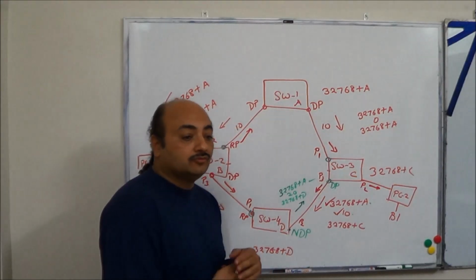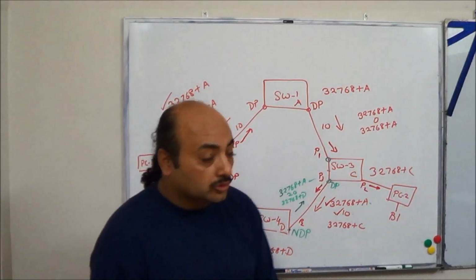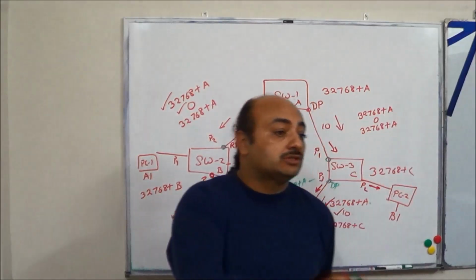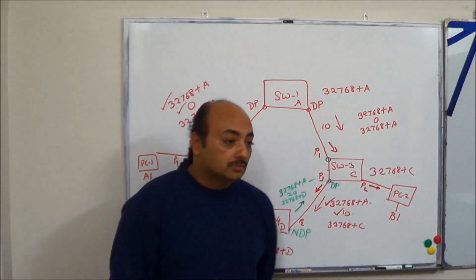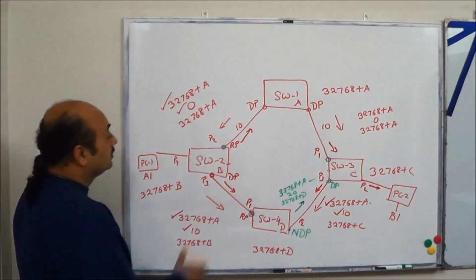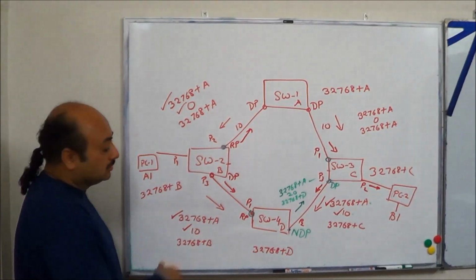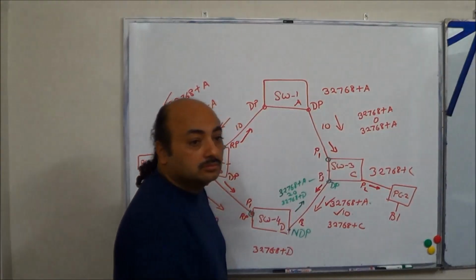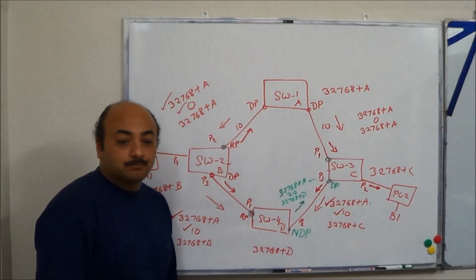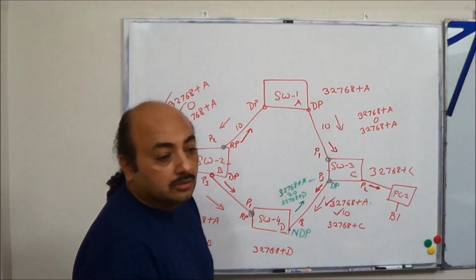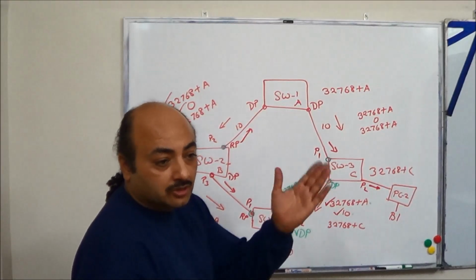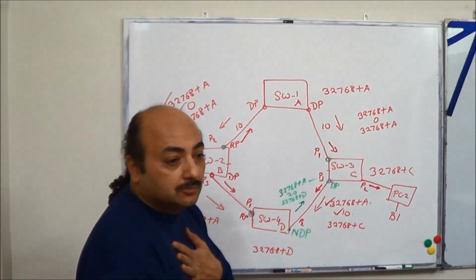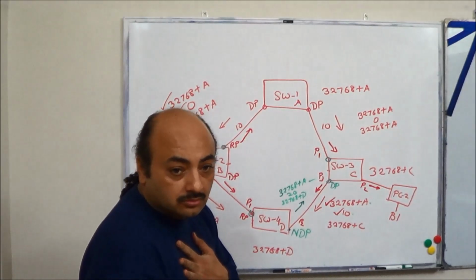On the same terms, we can say that the root port is the one which receives BPDUs. See here, right? Here also. So designated ports are the ports which send out BPDUs. Root ports are the ports which receive BPDUs.